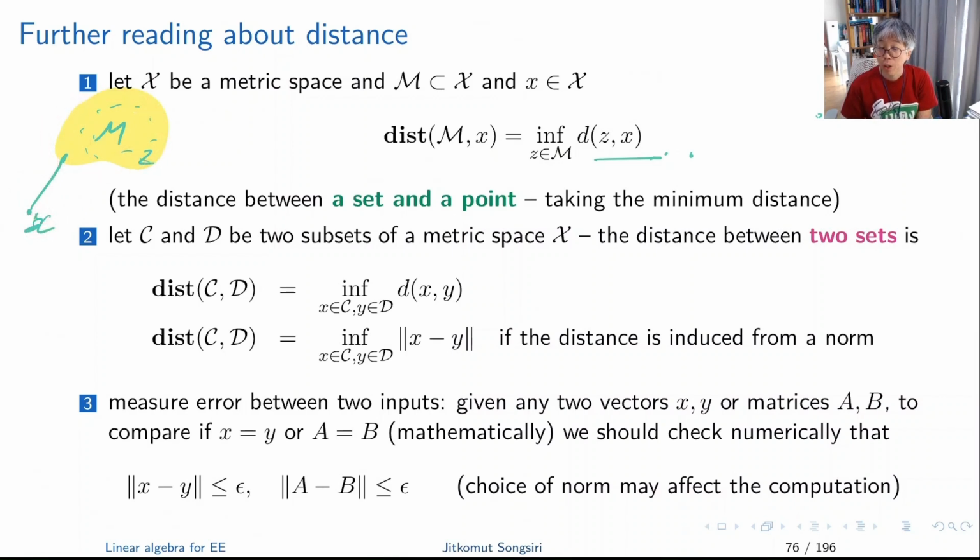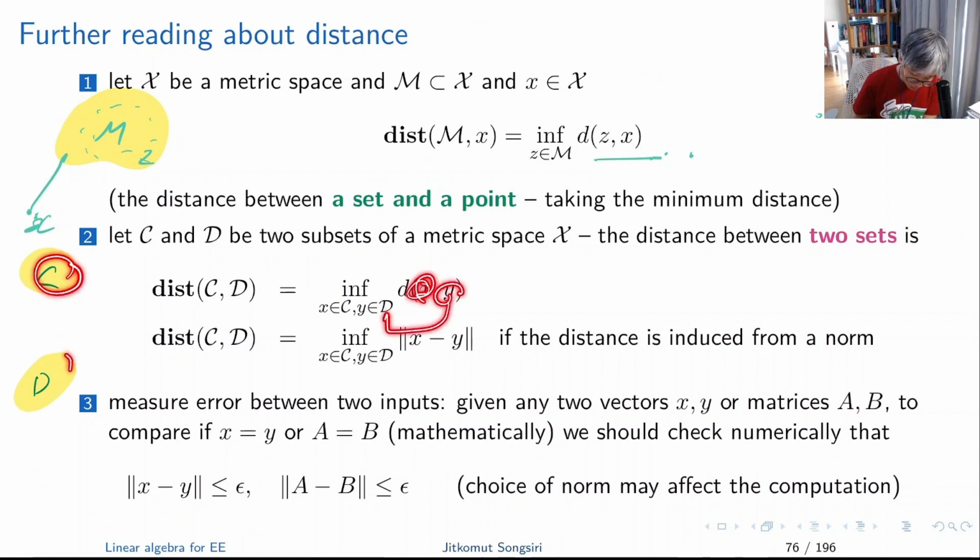You can also talk about the distance between two sets. Suppose you have set C and set D. The concept is to measure the distance between two points, where X belongs to C and Y belongs to D. So we find a pair of X and Y that gives us the minimum distance.